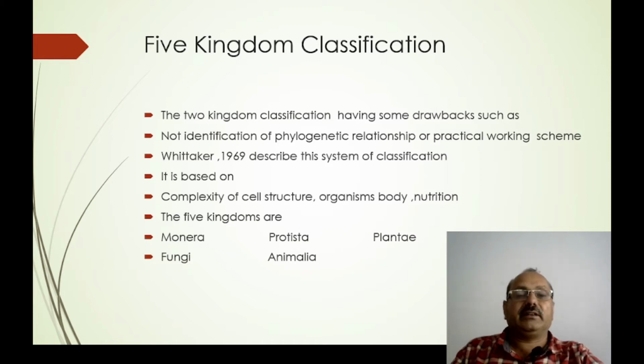The scientist Whittaker in 1969 described this system of classification. It is based on the complexity of cell structure, the organism's body, and nutrition. The five kingdoms are Monera, Protista, Plantae, Fungi, and Animalia.